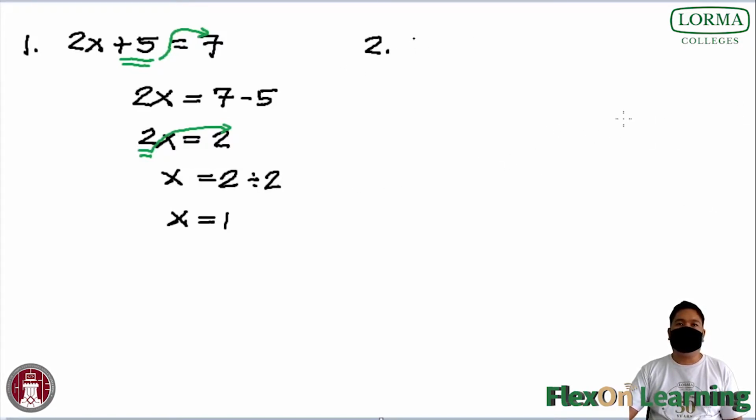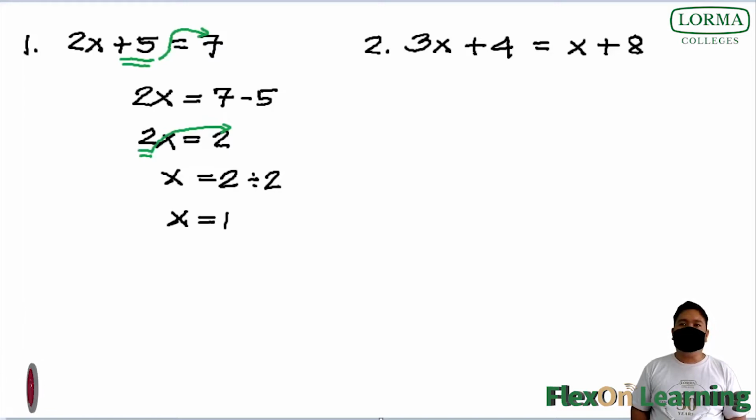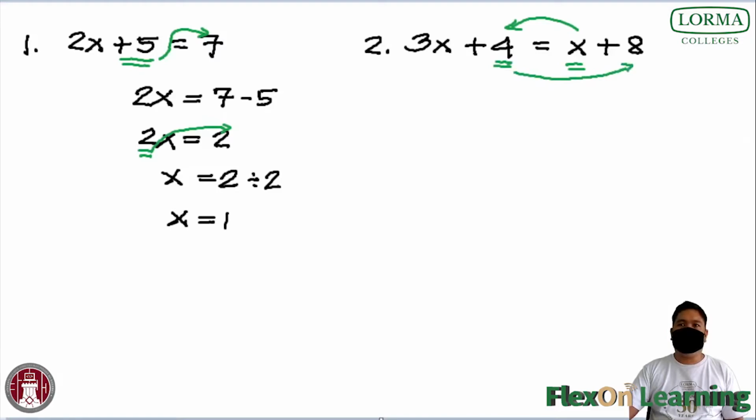So let's have 3x plus 4 would be x plus 8. With these variables on each side of the equation, the one with x should go to the left side, and the one without x should go to the right side.